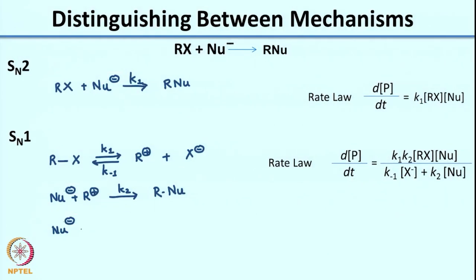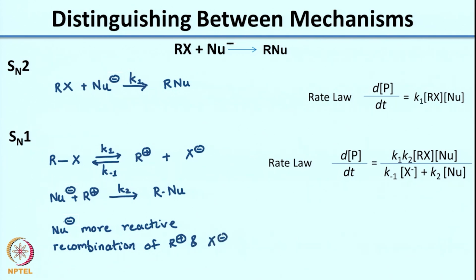So the nucleophile would be more reactive as compared to recombination. So the nucleophile attacking would be much more efficient as compared to recombination of R plus and X minus.